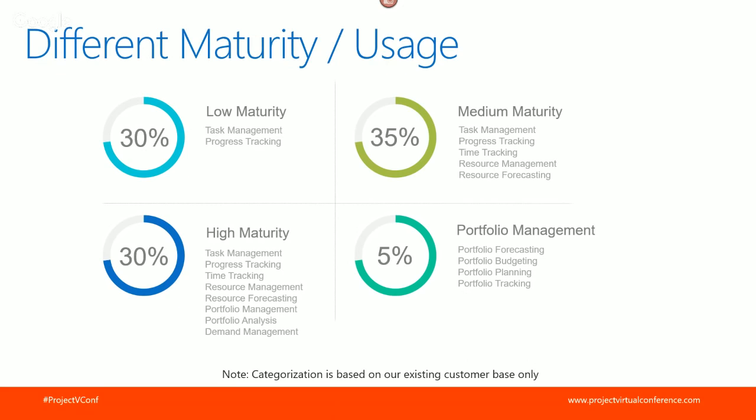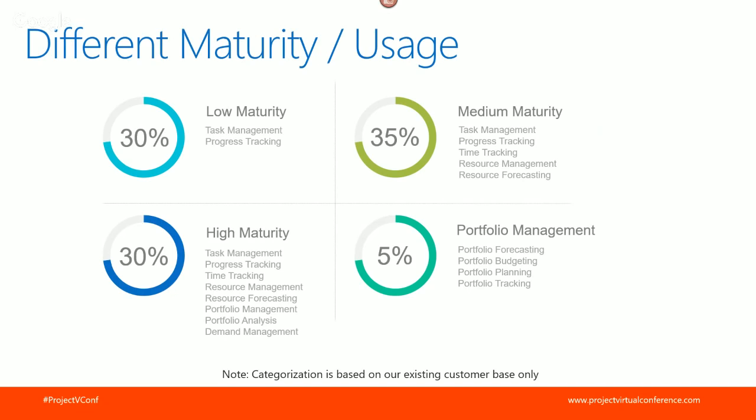There is one sort of companies who really use Project Server for task management, very light project management and progress tracking for their projects. There are some companies who start working with not just task tracking, but they add some resource management, resource forecasting. They start working with resource plans.